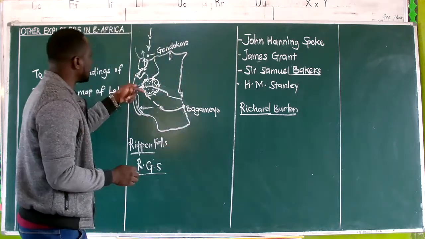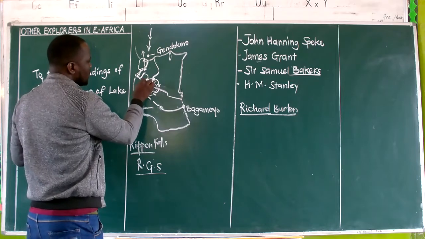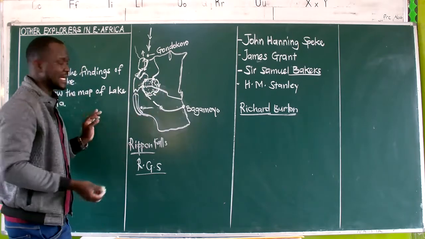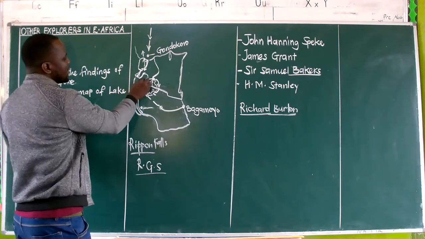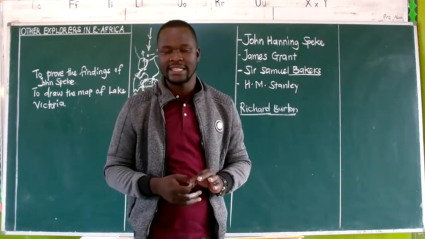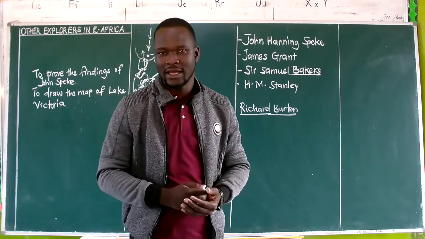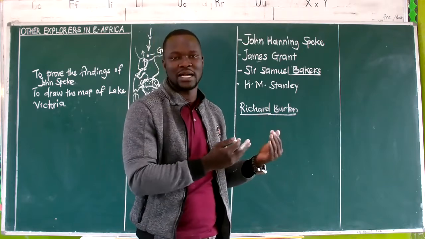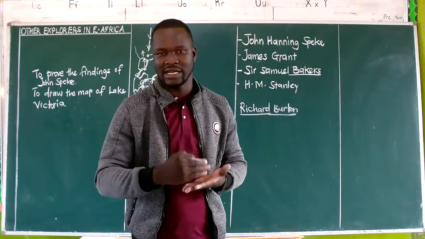Therefore, after Stanley moving around or sailing around the lake, we have him coming back, and we say that he then met the Kabaka of Buganda, who then requested him to write a letter inviting the missionaries to come to Buganda. That will now take us back to our primary 5 work, leading us now to the missionaries coming.